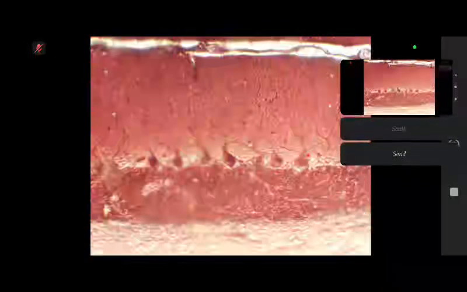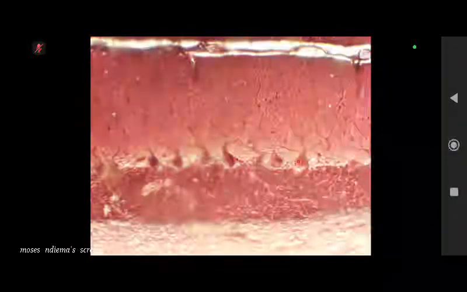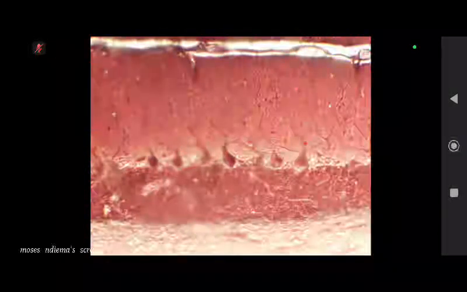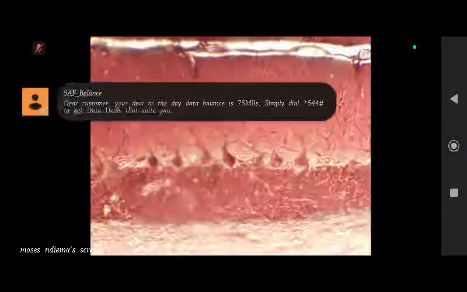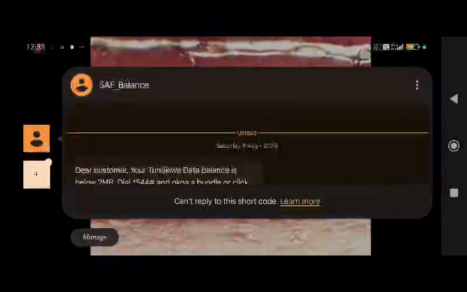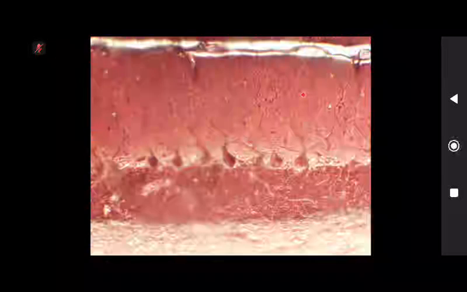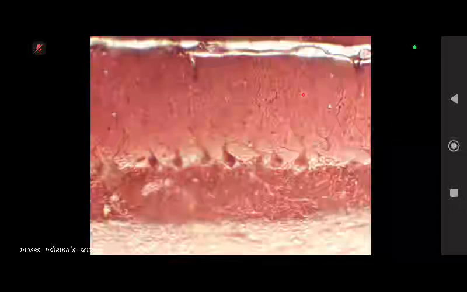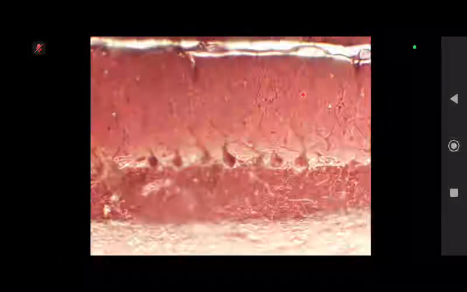This is the cell body of the Purkinje forming the ganglionic layer, and these are the arborizations of the dendrites of Purkinje, forming something like a dendritic tree. If you remember when we were talking about the substantia gelatinosa in the case of the spinal cord, we also referred to something like dendritic trees.